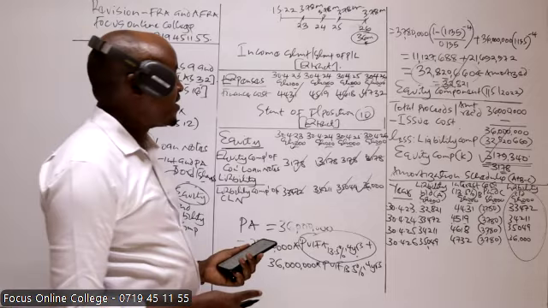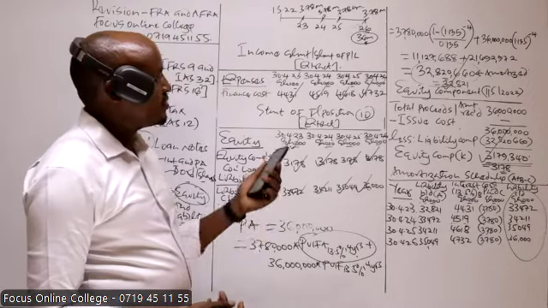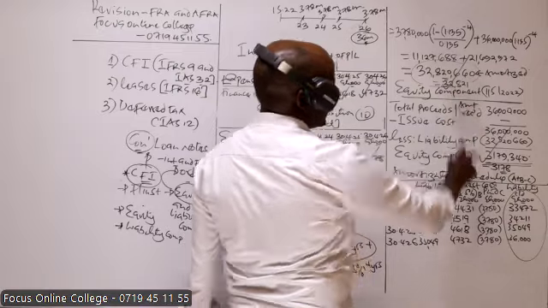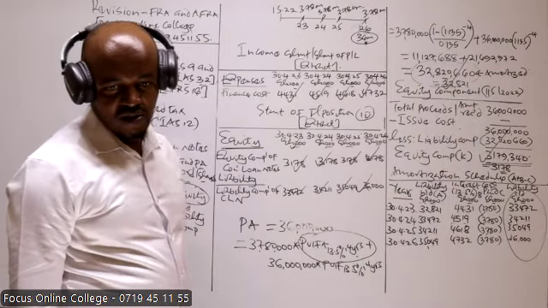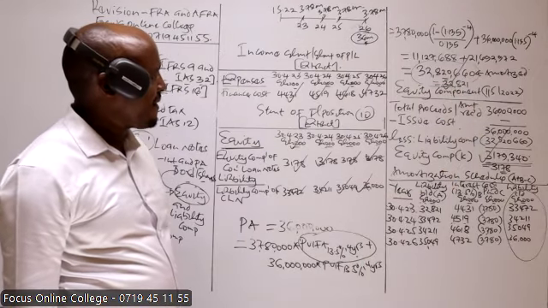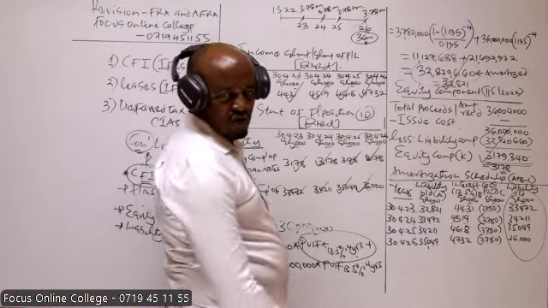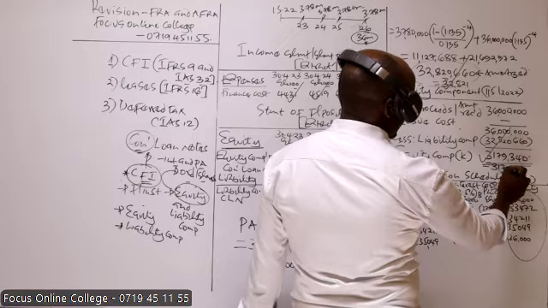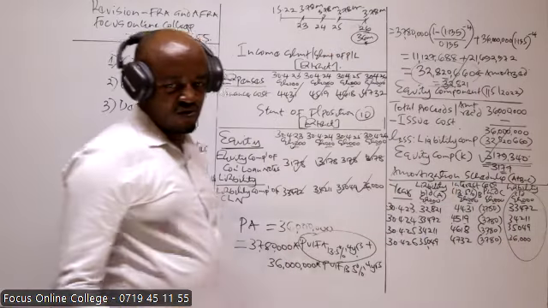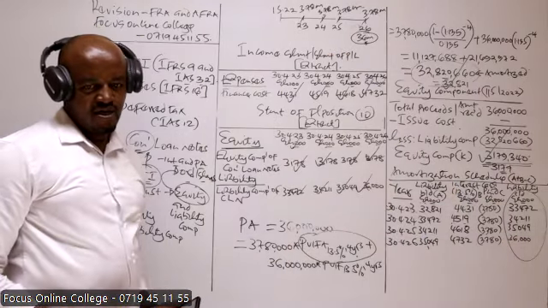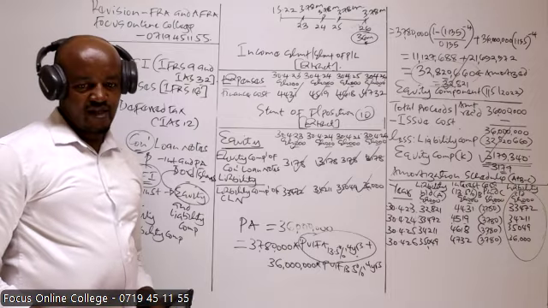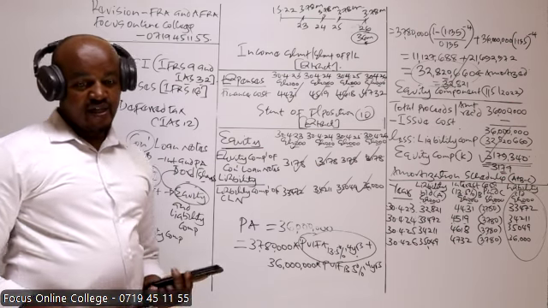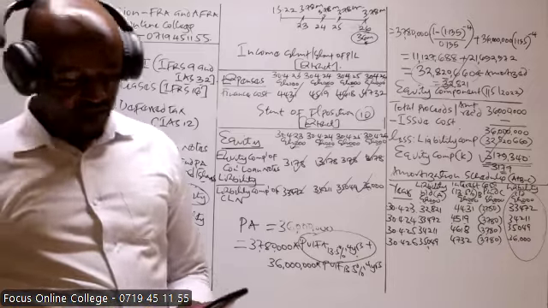I'm told this value here is around 31.79. No problem, you can't lose marks because of that aspect of rounding off. That is what was required in relation to that question.